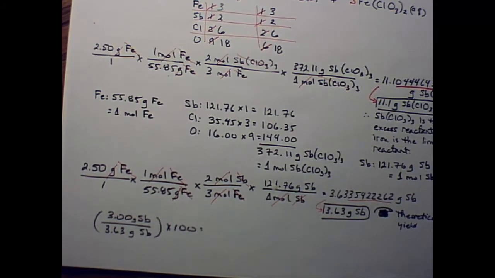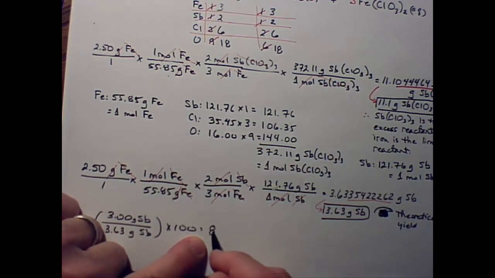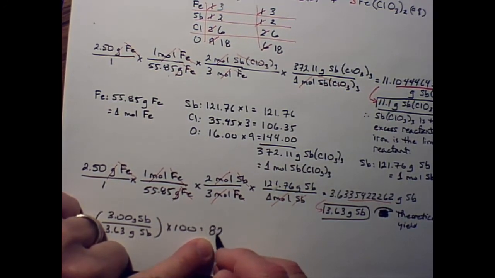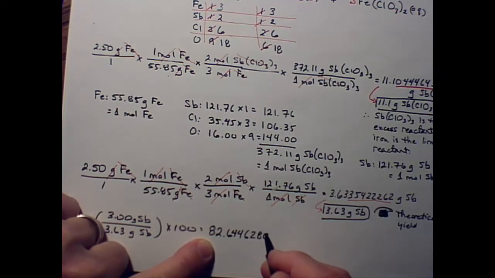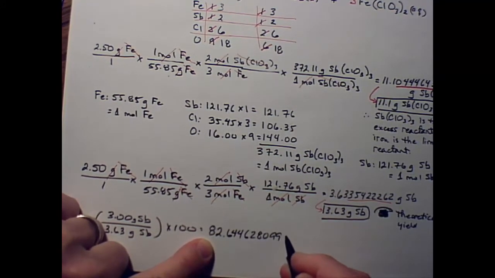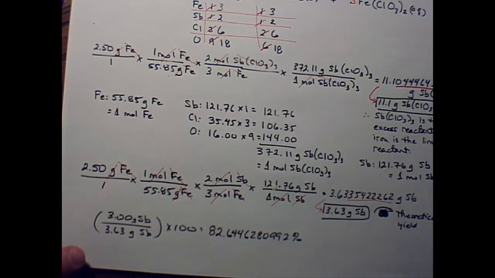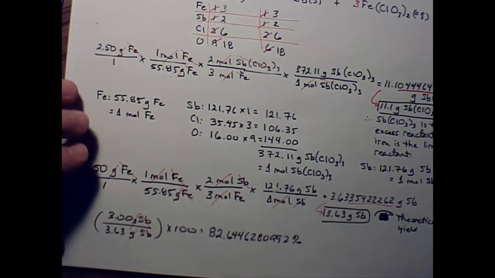And I got 82.64462 0.80992%. Rounded off to the correct number of significant digits, and I also didn't cancel here. In this case, the units of measurement cancel, and the species cancels.